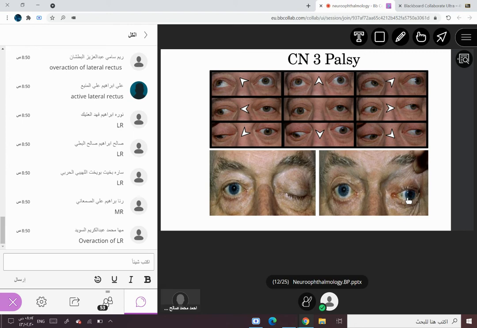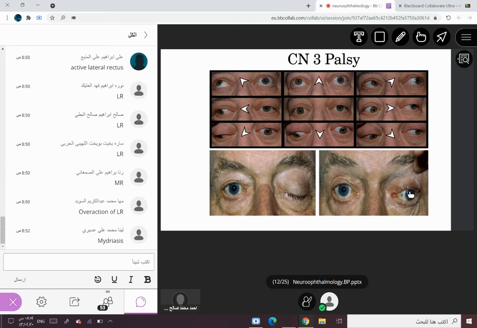So he has complete ptosis, he has exotropia, and excellent, he also has mydriasis.